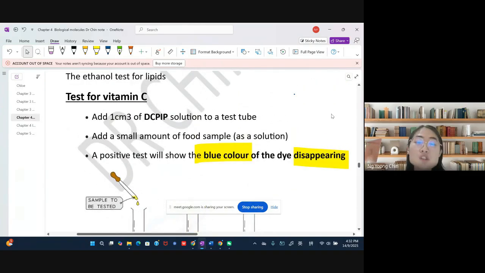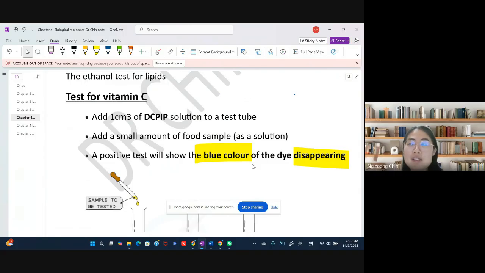Usually they use DCPIP to test the concentration of vitamin C inside food, and then they can compare which food has a very high concentration and which has a very low concentration. They record the time taken to change: how long this food sample requires to change the solution from blue to colorless. If it requires a shorter time to change the color, this food sample has a very high vitamin C concentration.